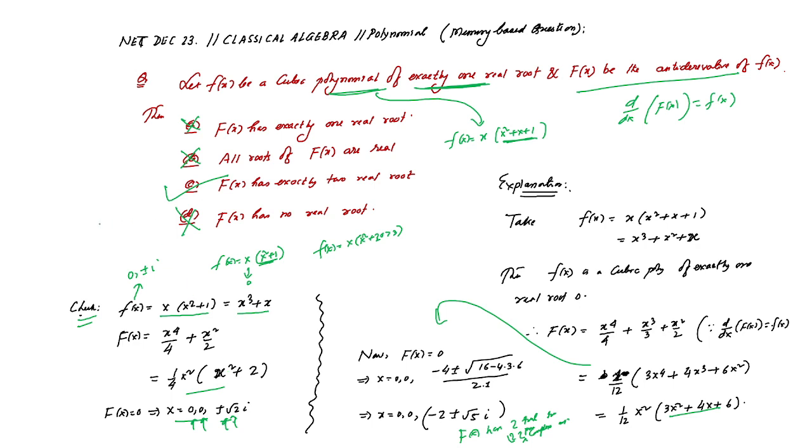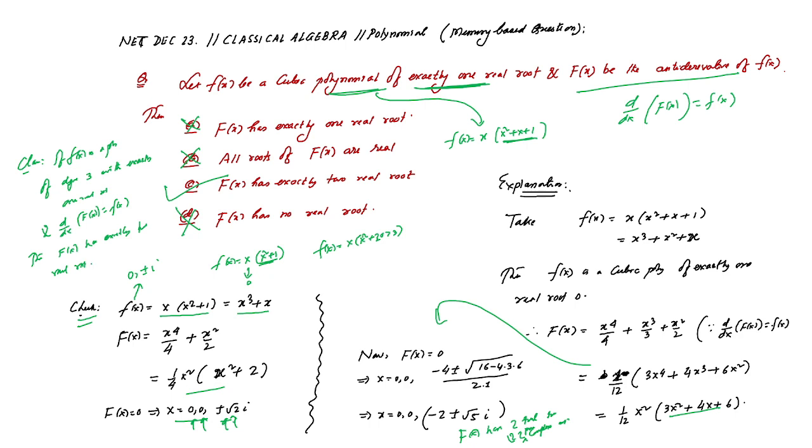So what should be the claim? Our claim is: if f(x) is a polynomial of degree 3 with exactly one real root, and d/dx of capital F(x) equals small f(x), then capital F(x) has exactly two real roots.